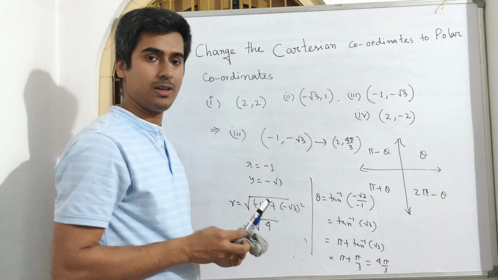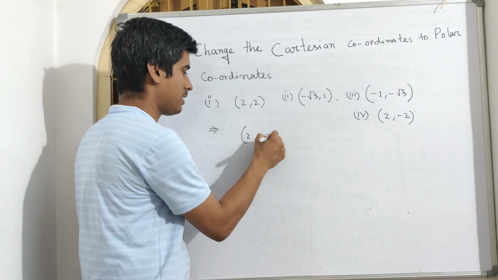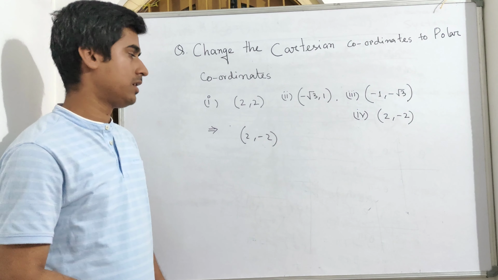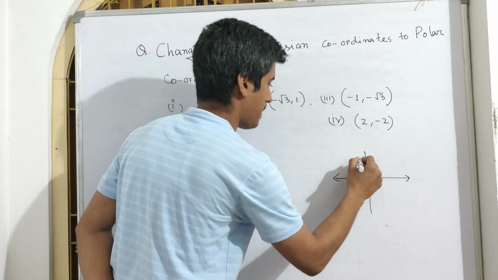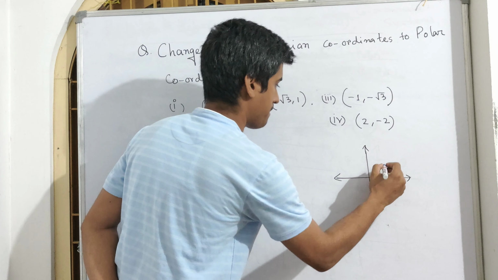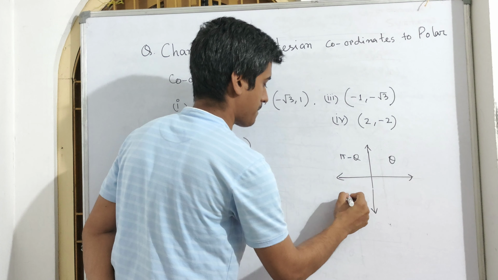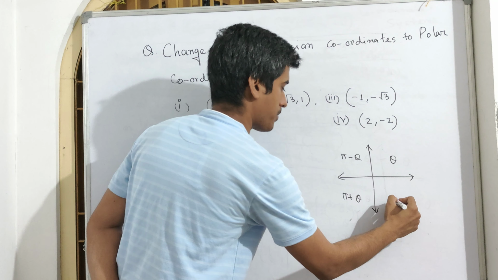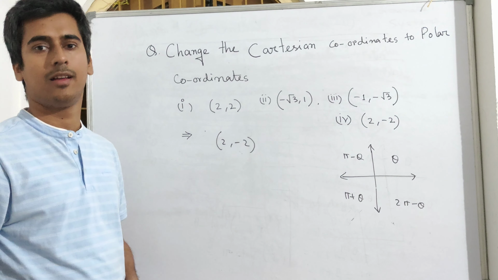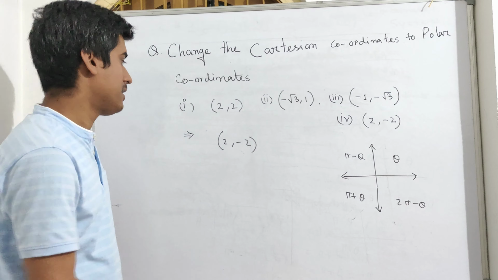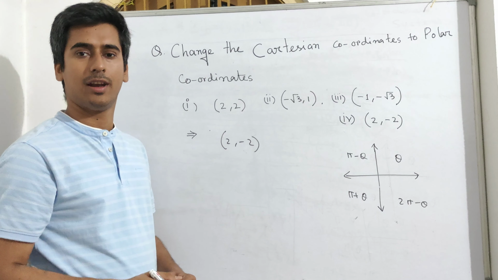Now the last one. Here the point is (2, minus 2) and the point is in the fourth quadrant.